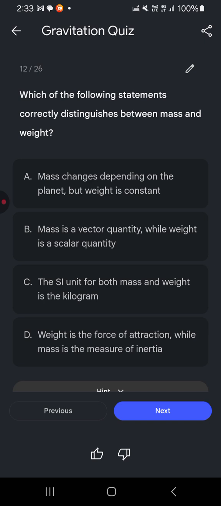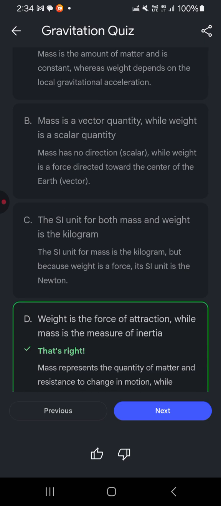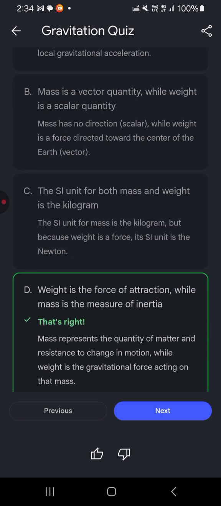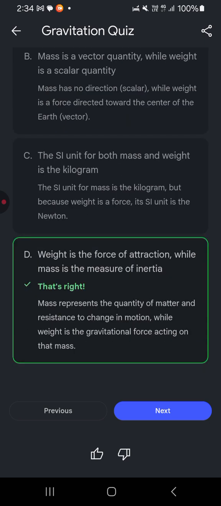Which of the following statements correctly distinguishes between mass and weight? The correct option will be D. Weight is the force of attraction while mass is the measure of inertia.